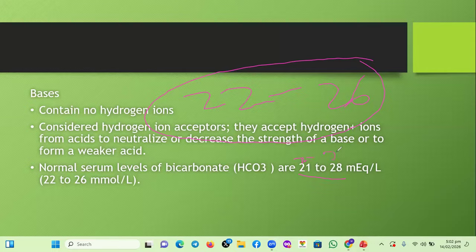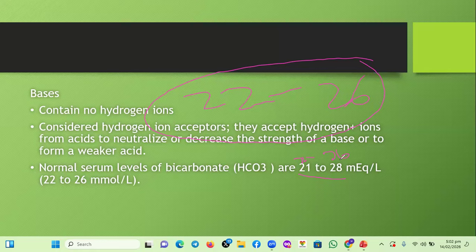That is the normal bicarb level. And bicarbonate itself is considered alkalotic in nature, or a base. So if you have more bicarbonate in the system, it is likely going to be alkalotic or a base in nature. Okay, that is what I want us to understand from this.